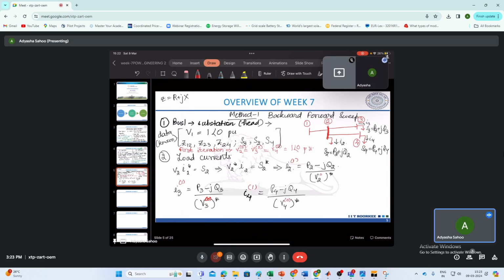So once computed this load currents, then in the next step we'll calculate the branch currents. Branch currents means the current flowing in the branches. So here, what are the branches of the system?